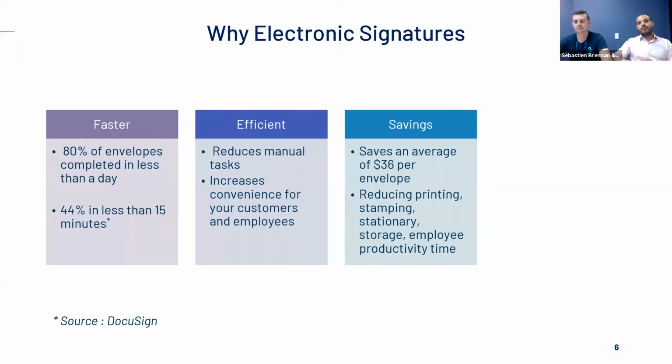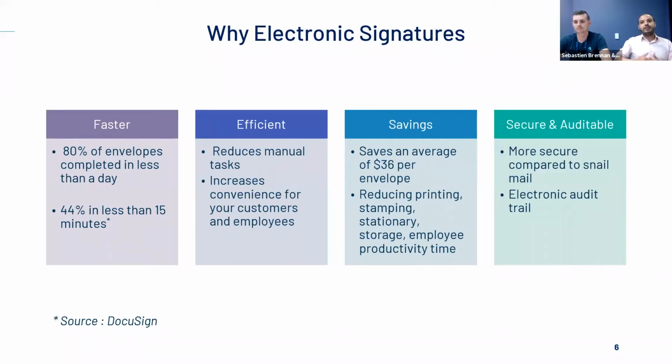Through DocuSign, we know that it saves an average of around $36 per envelope. If you think about the total cost of ownership when it comes to printing a document, putting it in an envelope, putting a stamp on it, running that to the post office, and then tracking that snail mail, the amount of productivity loss that generates compared to an electronic means of operating, the savings are pretty obvious there.